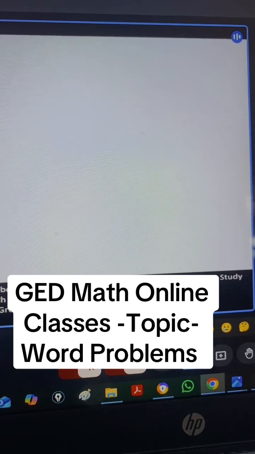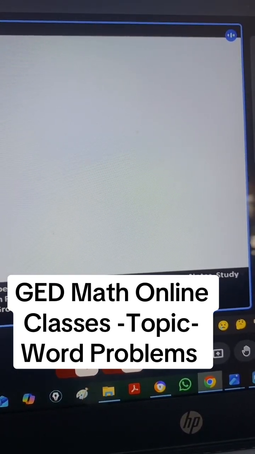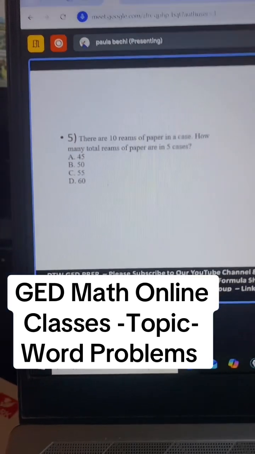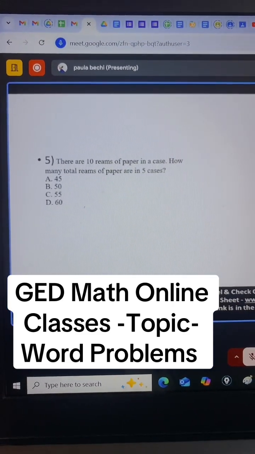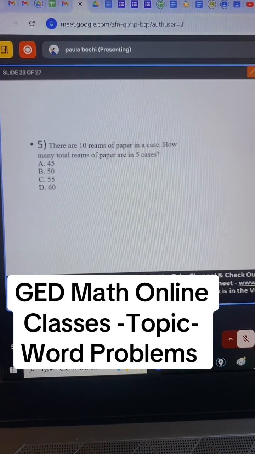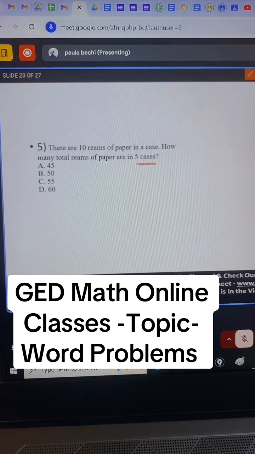Question 5 says there are 10 reams of paper in a case. How many total reams of paper are in 5 cases? If we have 10 reams in one case, to find the amount of reams in 5 cases, we just multiply.